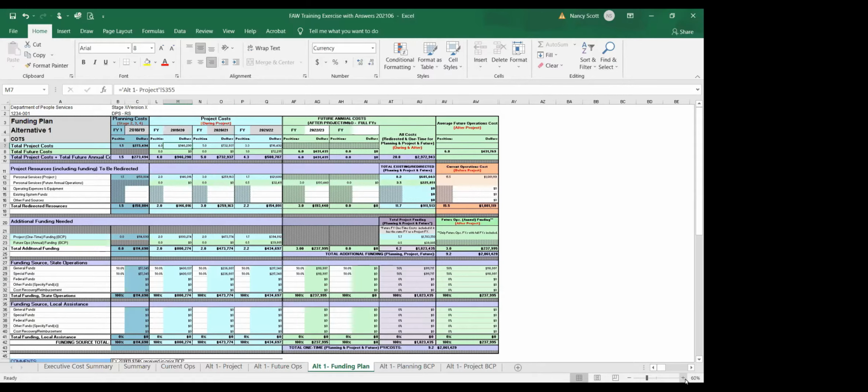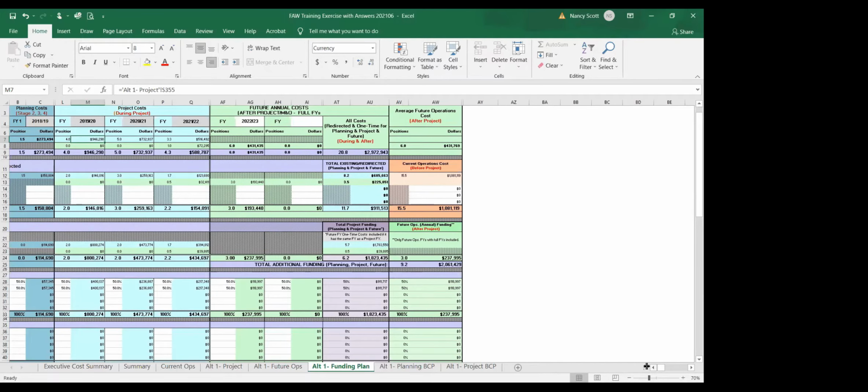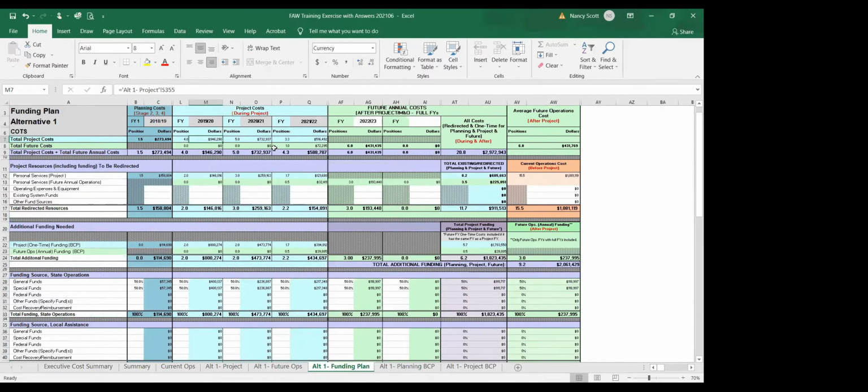So my total project costs for that fiscal year are $346,290. There's no future costs, so the total's there. Of that total, 146,008 is redirected.